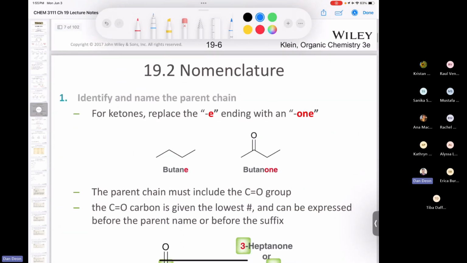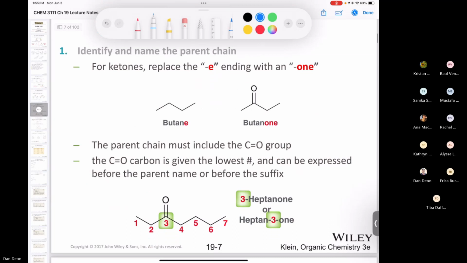It won't happen. Now, with a ketone, what you're going to do is replace the E suffix from the alkane with -one, O-N-E. And it says here the parent chain has to contain the carbonyl. However, in this case, unlike an aldehyde, you do have to provide a locant or a number for the ketone. And so you want to find that longest carbon chain, but just ignore everything else.